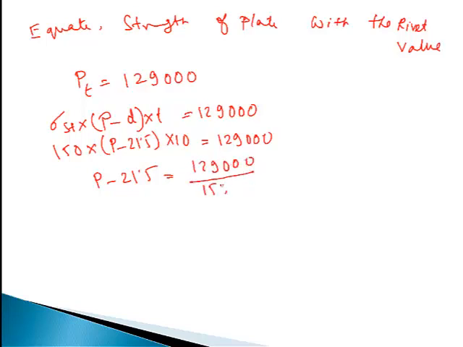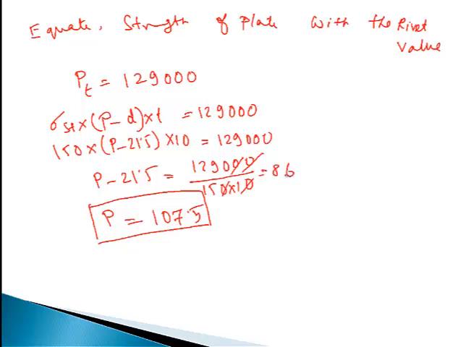Just do it by yourself. You will find P equal to 107.5, as per my calculation. It's just a simple equation; cancel it out and you will get 86, so 86 plus 21.5 is 107.5.